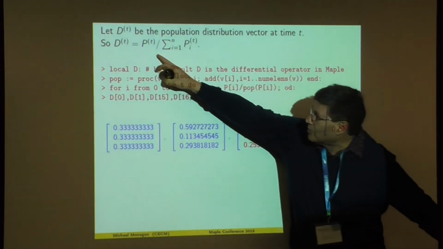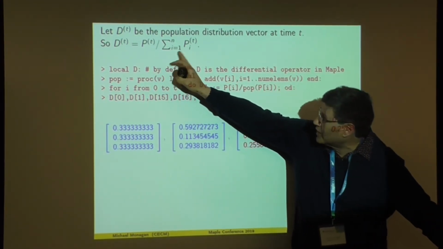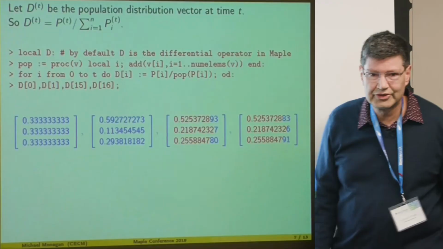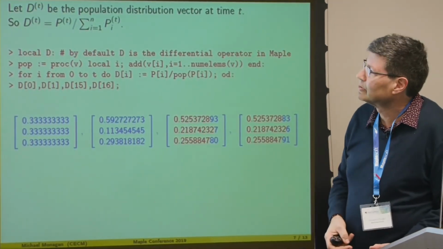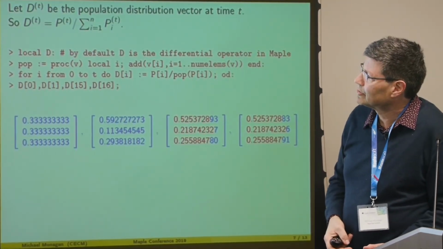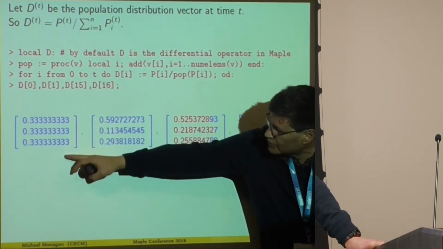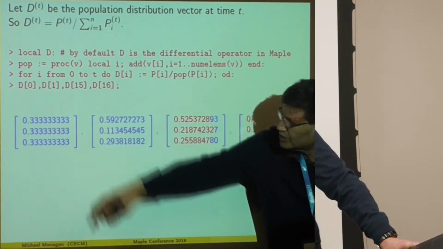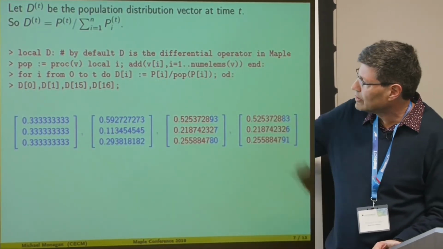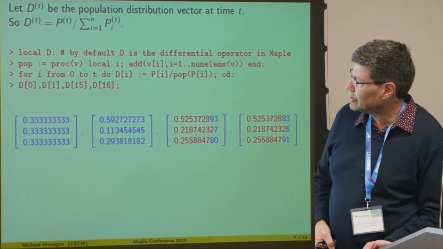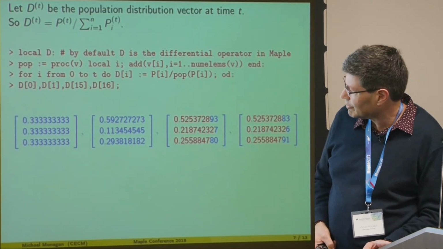It's just the population vector at time t divided by the total number of seals in the population. And then you get distributions. So we started out with 1, 1, 1. In other words, the distribution is equal. It's a third in each age group. And we run this to find the distribution vectors, and we just see what happens.